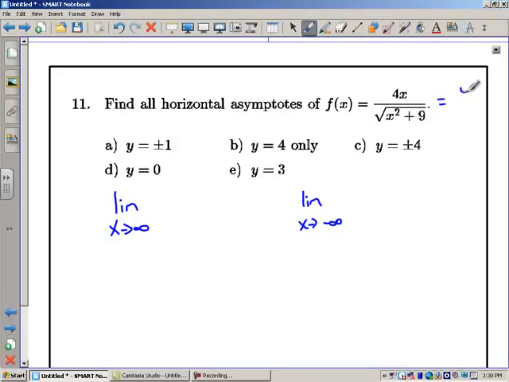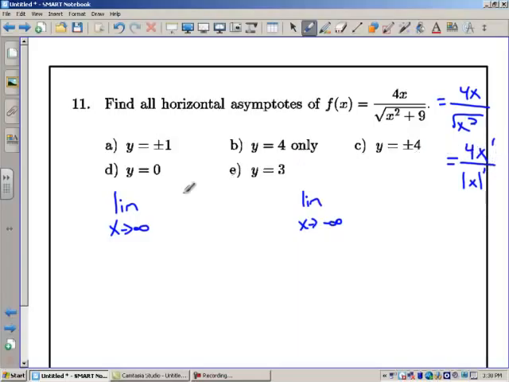This would simplify to 4x over the square root of x squared, which is 4x over the absolute value of x, because this square root will always be positive. Now as we're approaching infinity, that's basically an x to the first over x to the first, and so that matches. So if we plug in a great big number, those x's would cancel and it would be 4.